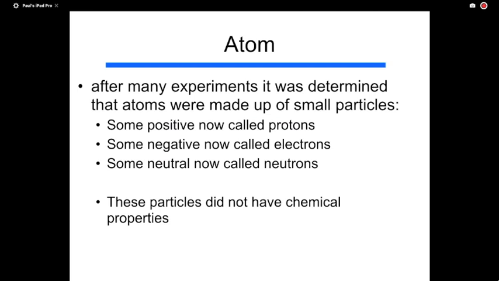But they came together to create atoms and define how atoms actually do chemistry. So these were the components. At first, we called these particles subatomic particles because you had the atom, and below that, sub, were these three particles: protons, electrons, and neutrons.